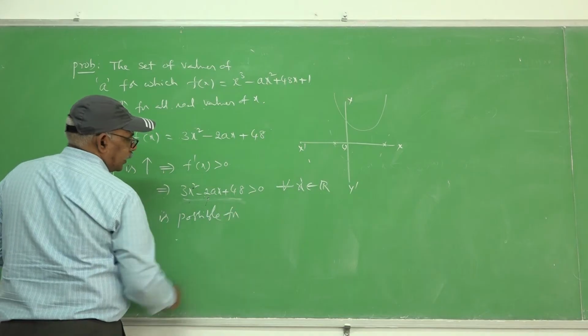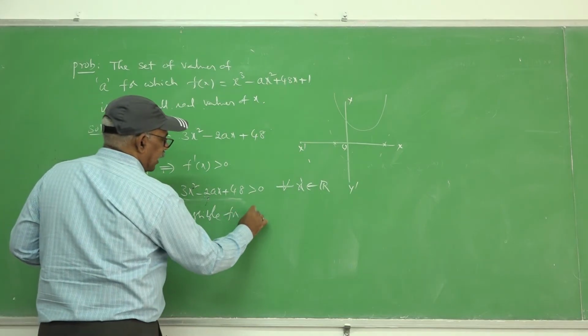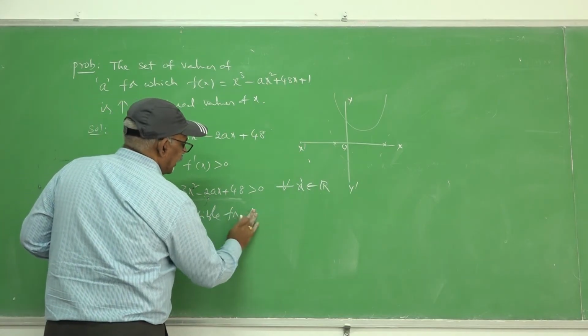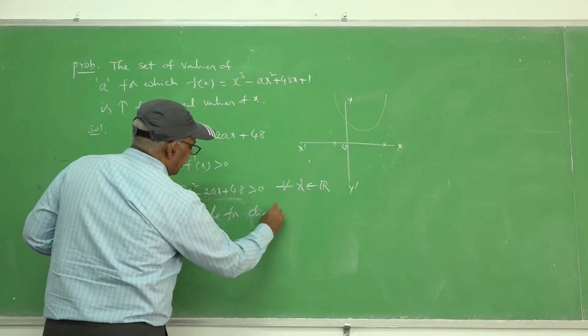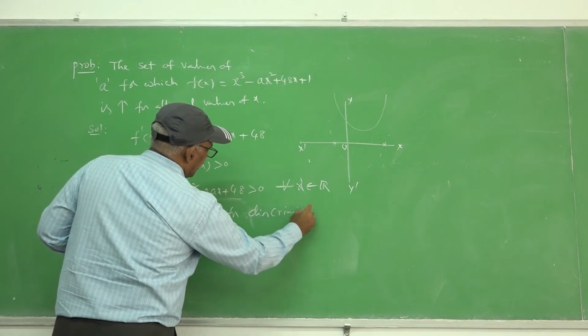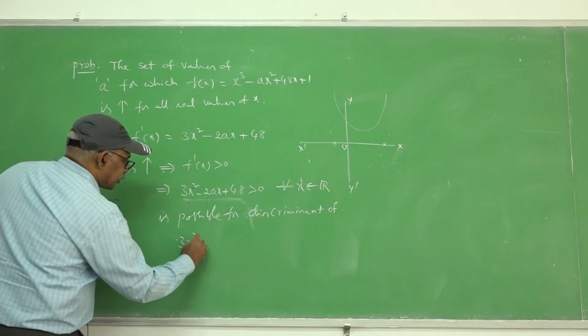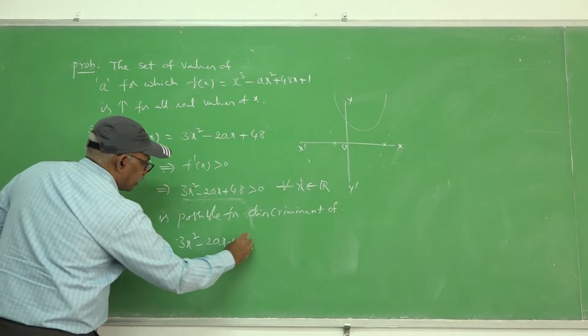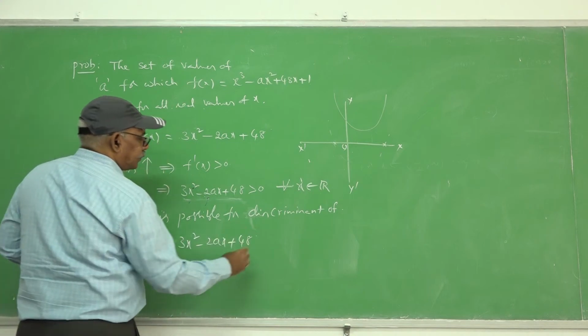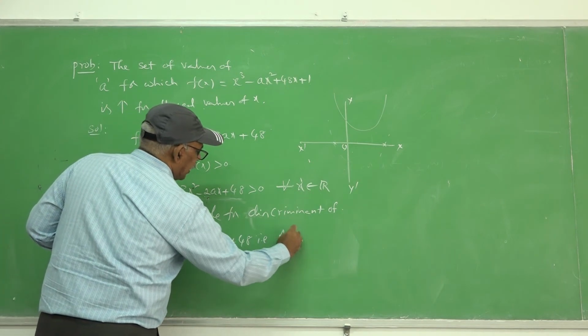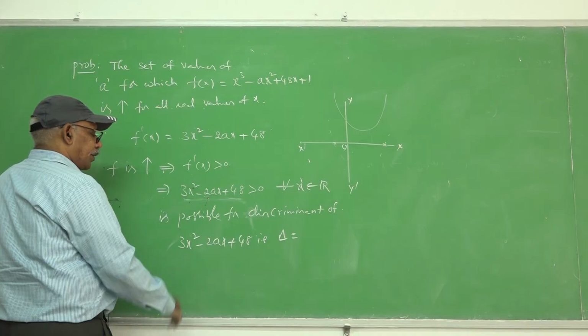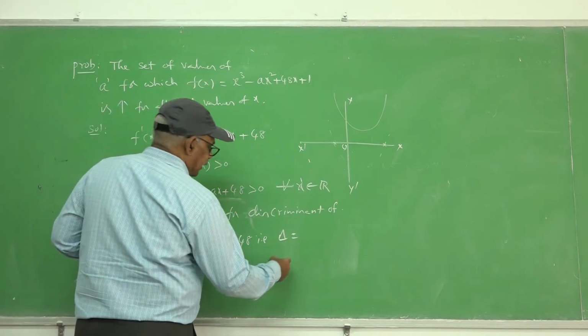For the discriminant delta of 3x square minus 2ax plus 48, the discriminant is b square minus 4ac.